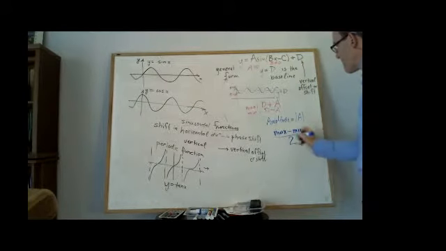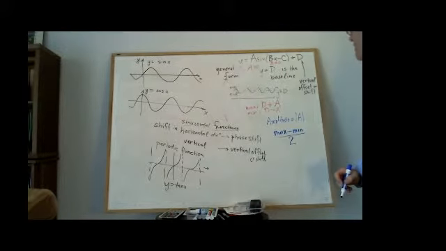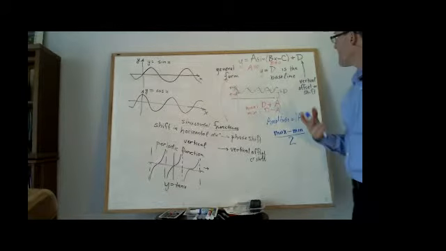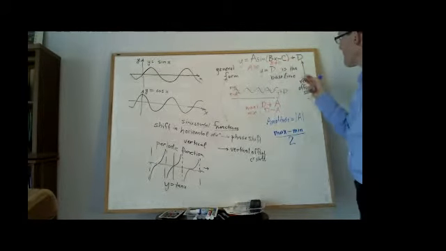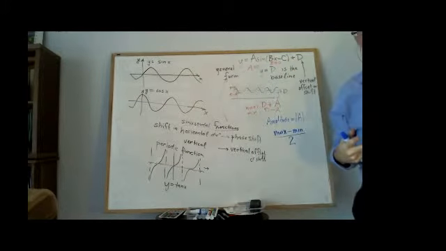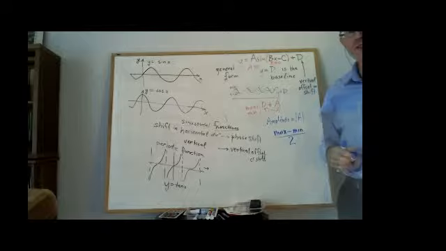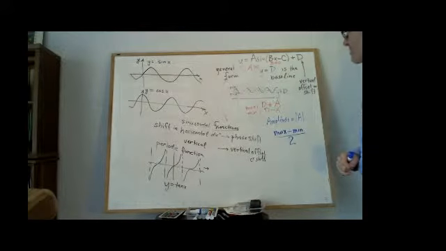This will always be a positive number, because maximum is always bigger than the minimum. All right? And so that's given by A. So we have D and A explained in these kind of physical terms here.